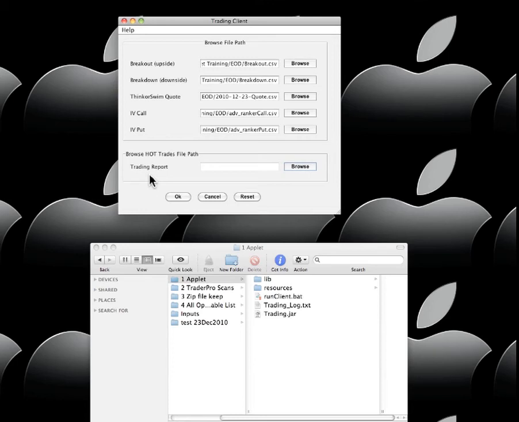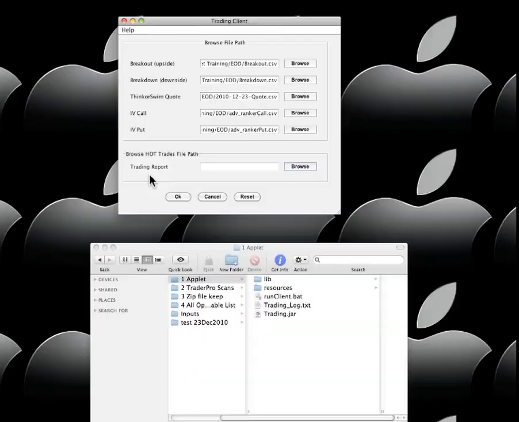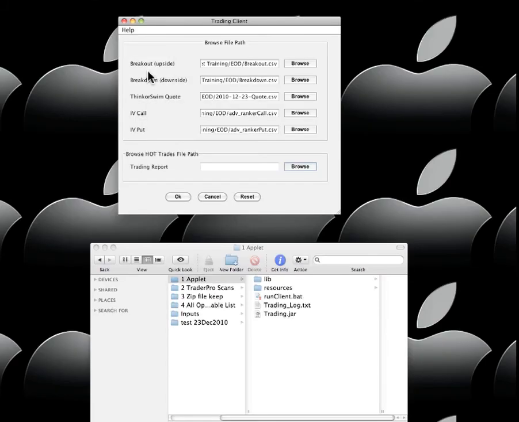You will need to generate 5 input files in CSV format to feed into this applet, which then creates the trading report. The first file, the breakout file, contains the scanned point and figure opportunities as upside trades.